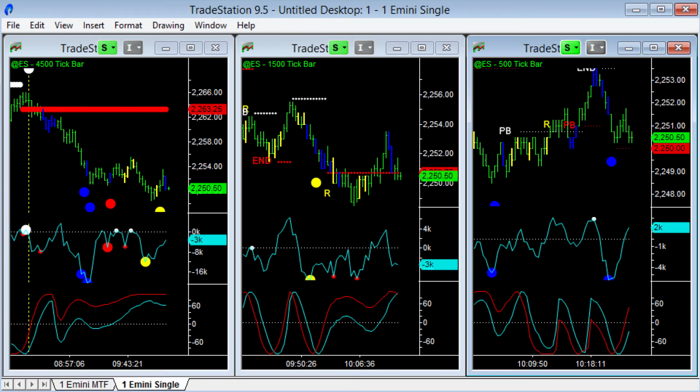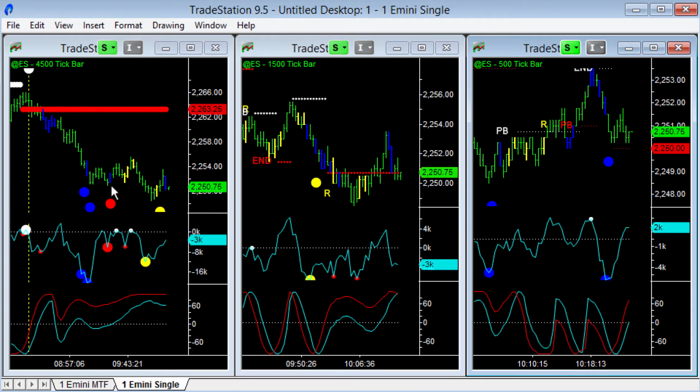Alright, just got long at 51.50, just checking my stops and targets, and we just had a little push down just after I got in. This support has to hold here, so I missed all this down move. Anyway, time to make it right. Why?